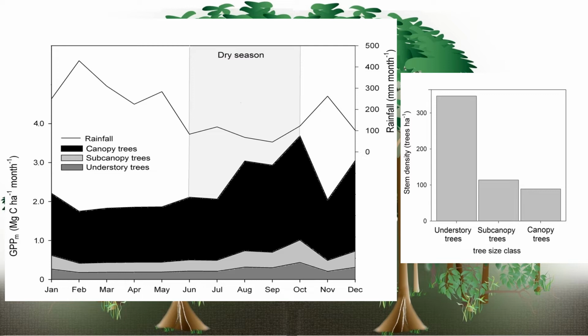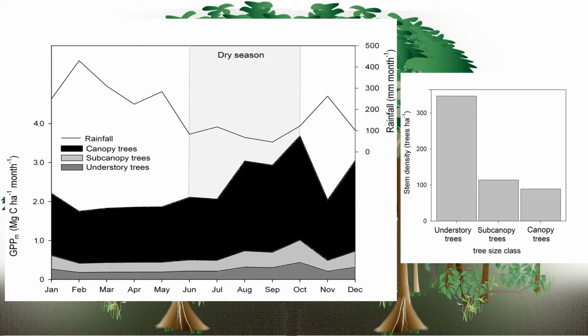However, those 89 trees were responsible for the largest part of the monthly forest GPP, as you can see here on the left-hand side. The contribution of the canopy trees to the monthly GPP is highlighted in black.